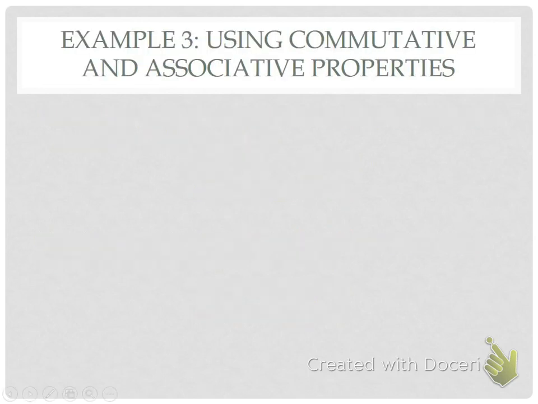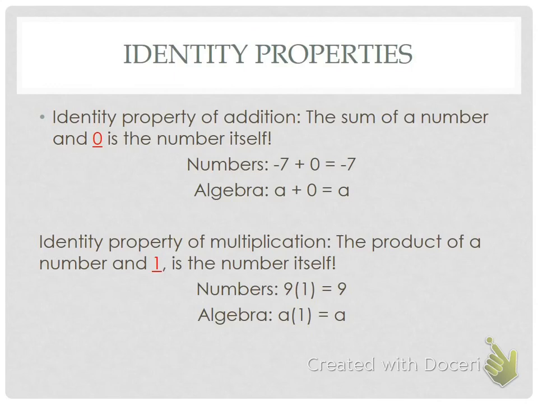Identity properties. When we think identity, what was our key word? Mirror. What do you see when you look in a mirror? Yourself. So it says, take a number and 0, and the answer will always be the number itself.